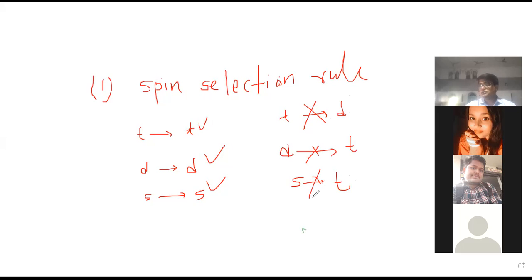So the electronic transition between different spin states is not allowed. Electronic transitions between the same spin state are allowed transitions. Okay, is that clear?